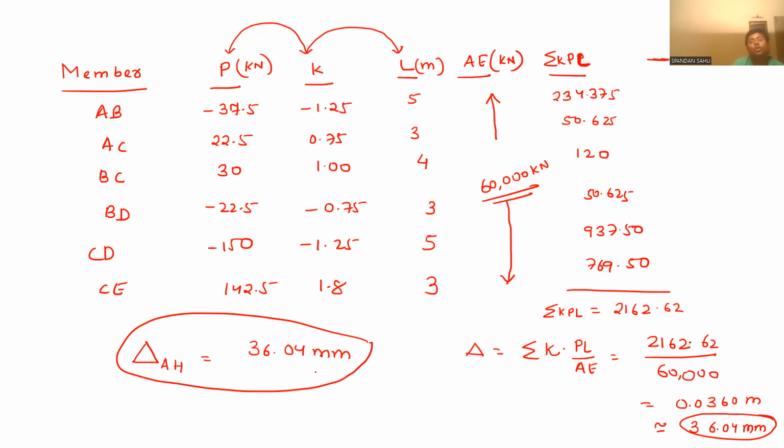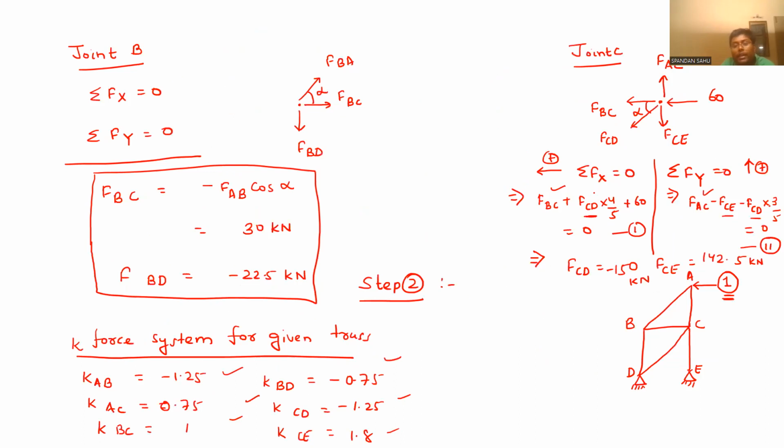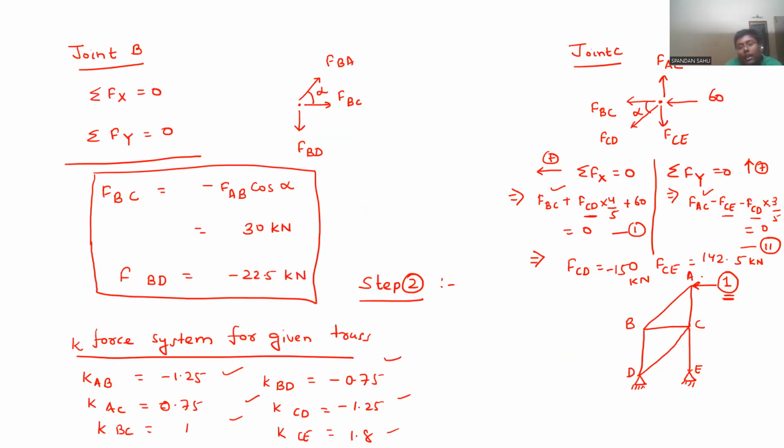So it is coming to be positive. So what does that signify? Means we are taking one unit is acting in leftward direction. So the deflection is 36.04 mm. Means when we are taking that one unit is acting in leftward direction, the deflection is coming out to be positive. That means this joint A is deflecting towards left only.